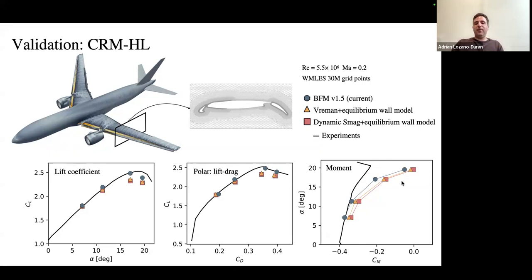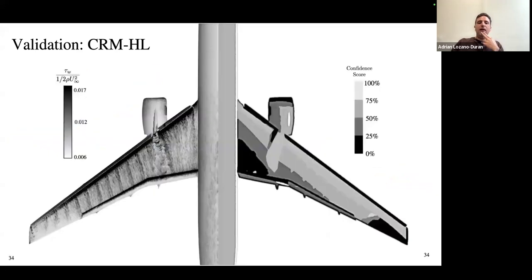And I'm going to use this particular case also to motivate the use of the confidence. So this pitching moment is known to be very sensitive to how the forces are distributed. So that's why the lift and the drag could actually be okay, like a good prediction, because it's integrated force in a way that doesn't depend how that force is distributed so much. But the pitching moment will depend a lot on how over the wing the forces develop.